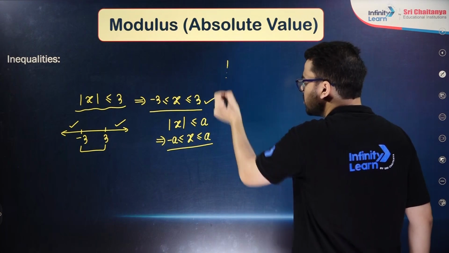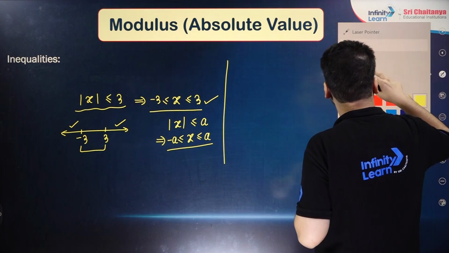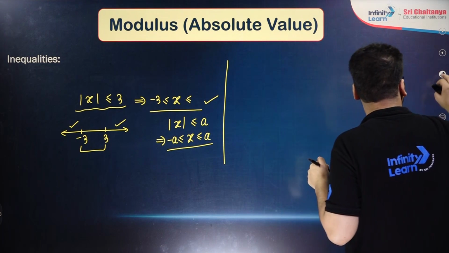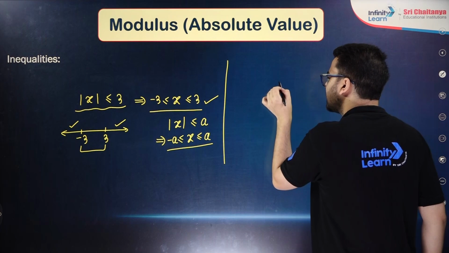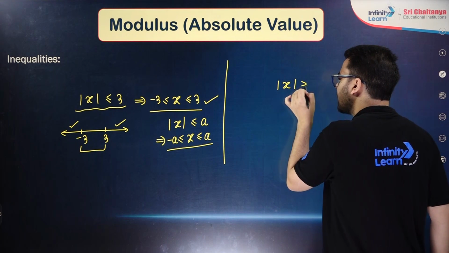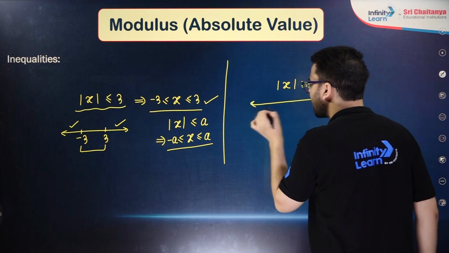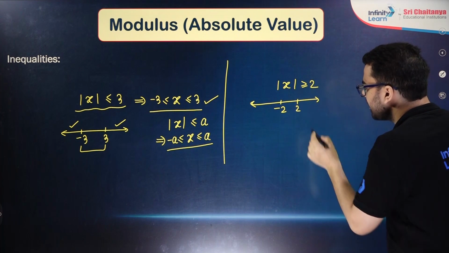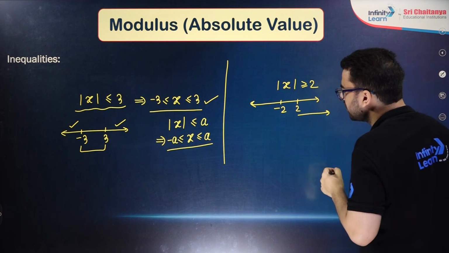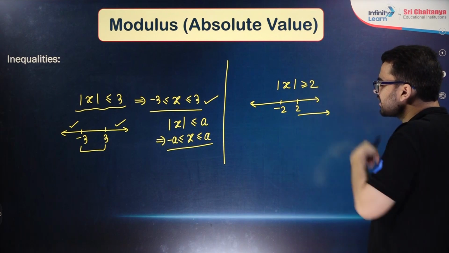Now the second thing also you can understand using examples only. That's very simple to understand. For example, it is written modulus of x is greater than or equal to 2. You draw the number line over here, -2 and 2. Now don't you think if x is greater than 2, then only its modulus is greater than 2?